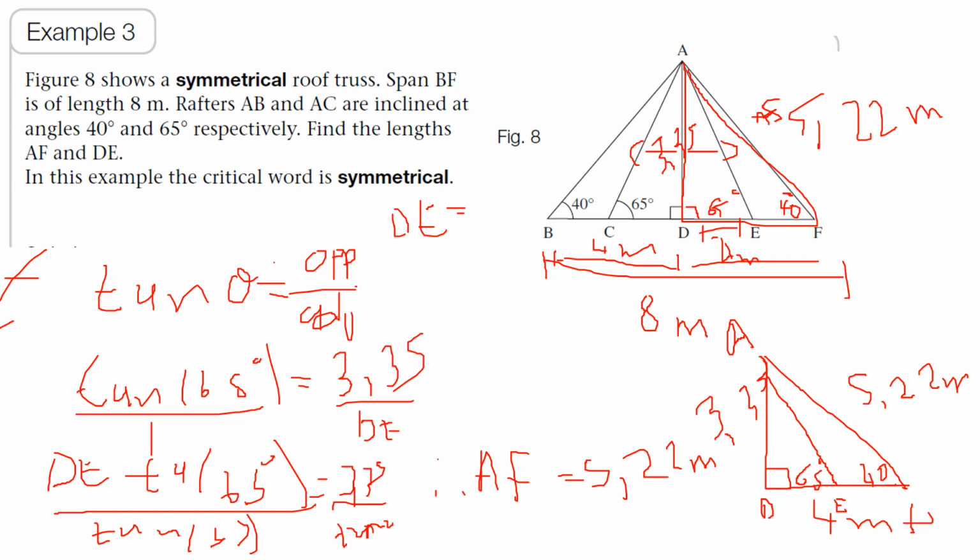So remember, it's going to be 3.35 divided by tangent of 65. Please, I'm sorry about the handwriting. Yeah. So your answer, it will be how much? It will be 1.56 meters. So you would have answered the length of AF and the length of DE.